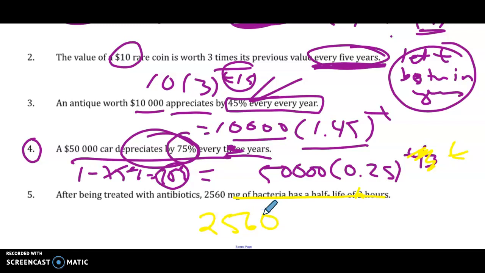A half-life question is a little bit different, but what we'll do is say if half is gone, half remains. So what you do is 1 subtract 0.5, which is what's gone, and you end up with 0.5, and that will be to the power of t. This half-life question is a little bit different. Ignore it though. The questions I'm going to ask you are going to be more straightforward, just questions like that.